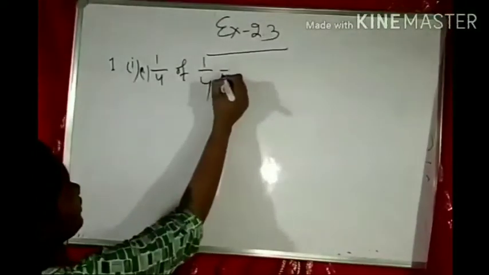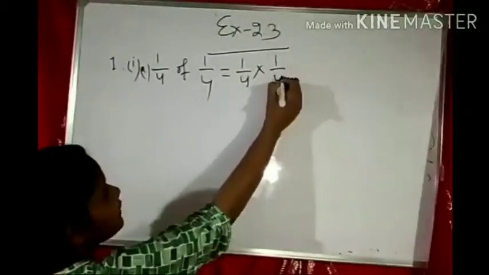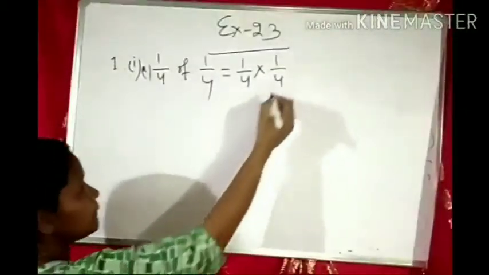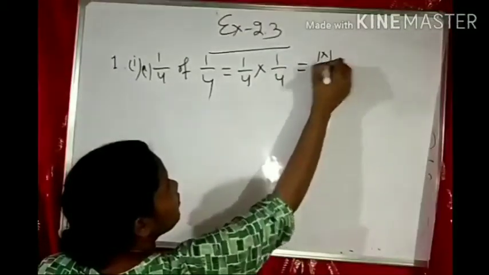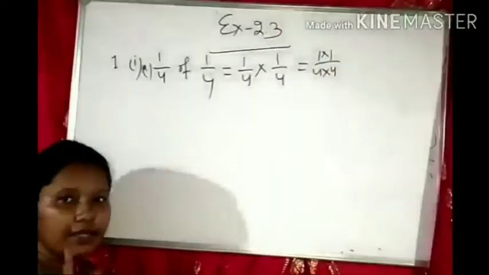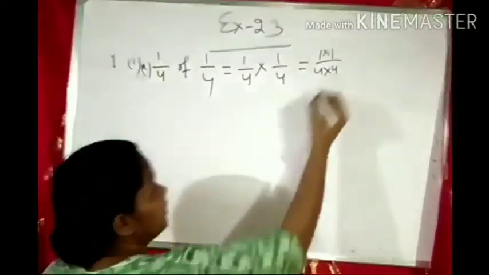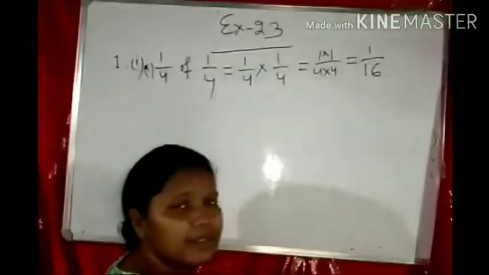Of means into, so 1 by 4 into 1 by 4. Numerator into numerator, denominator into denominator. So 1 into 1 is 1, 4 into 4 is 16.